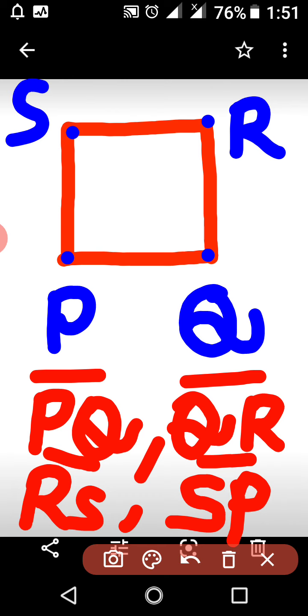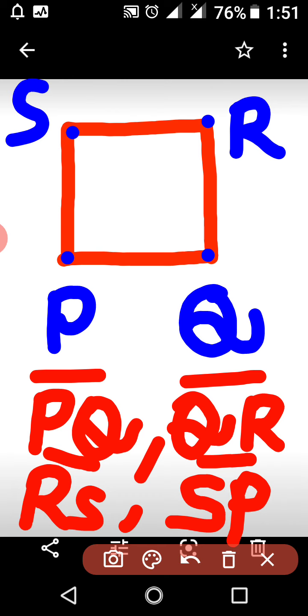Now these are the sides of the polygon and how to identify the sides of the polygon. So the straight line in between any 2 points means adjacent points. P and Q are both adjacent to each other. Q and R both adjacent to each other. R and S are adjacent to each other.